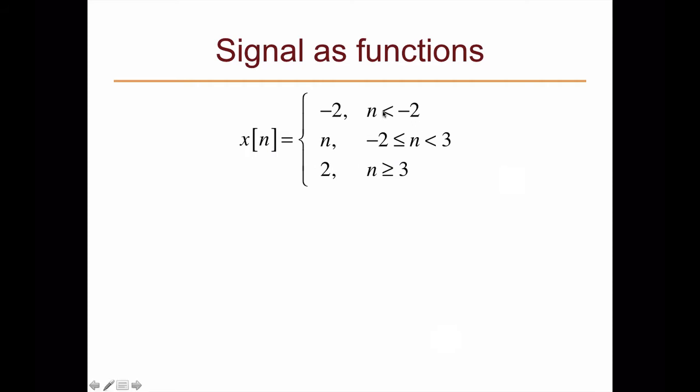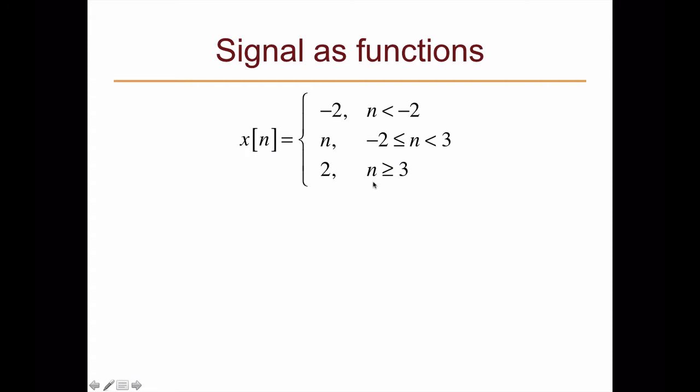Then at the time -2, x[n] equals n and lasts until n equals 2. And this is n less than 3, which means n equals 2. So from n equals -2 to n equals 2, x[n] equals n.